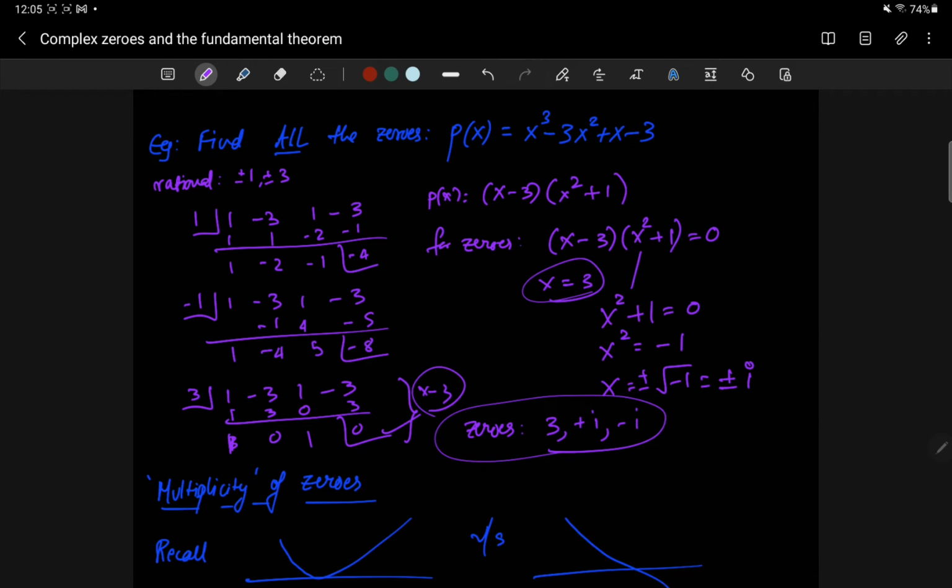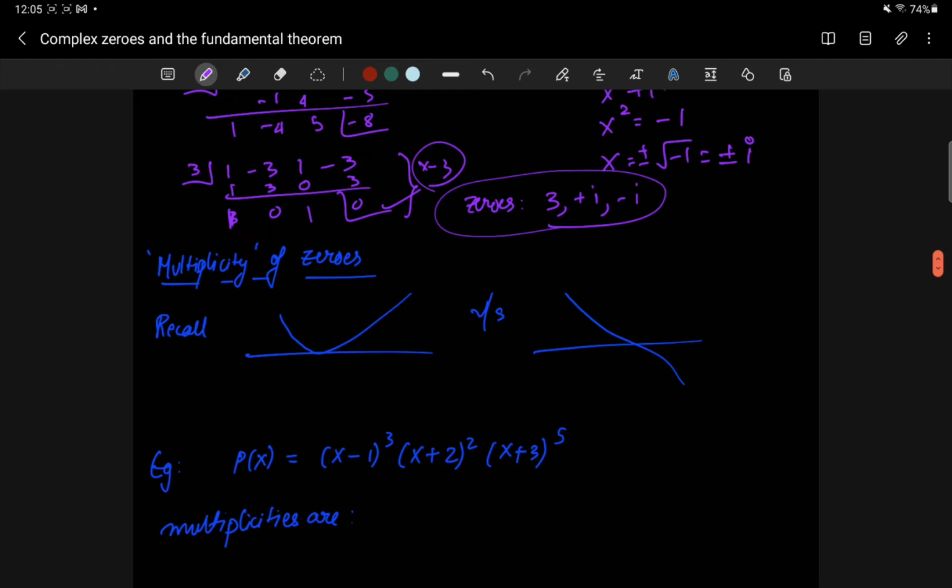As you can see, the power is 3, right? So it's x cubed, so there have to be 3 zeros if we allow complex numbers. And when we allow complex numbers, the factoring of the second one gives us x squared plus 1 equals 0, which results in x being either i or negative i.